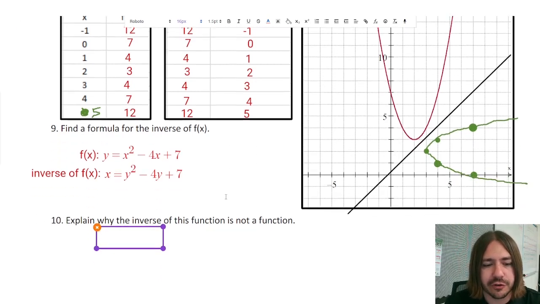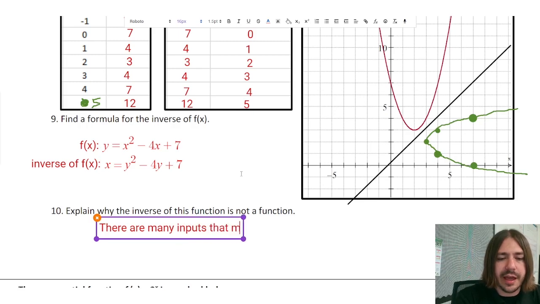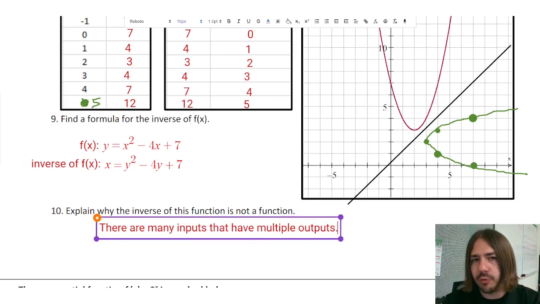It's failing the vertical line test. So that's the basic explanation here. There are many inputs that have multiple outputs. In a function, you can only have one output for each input.